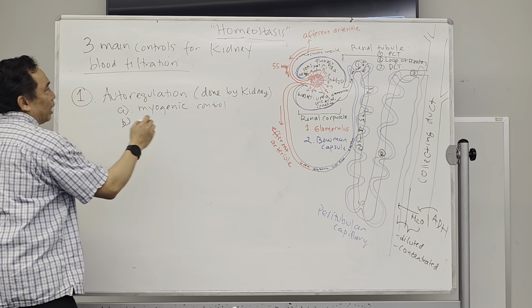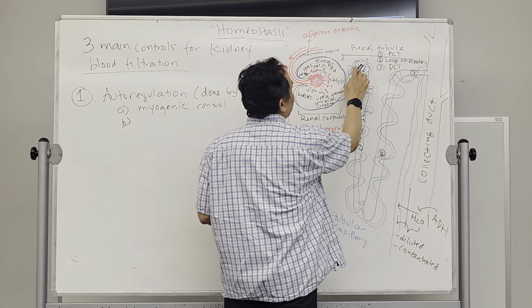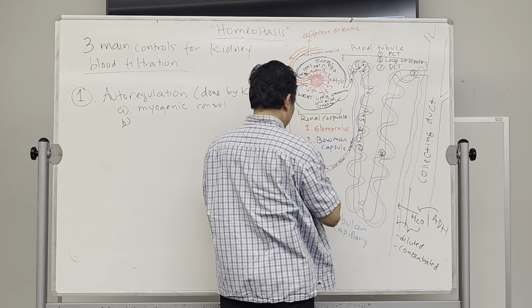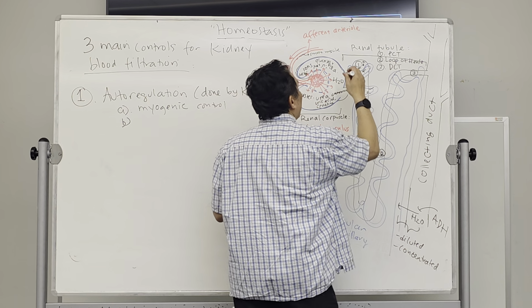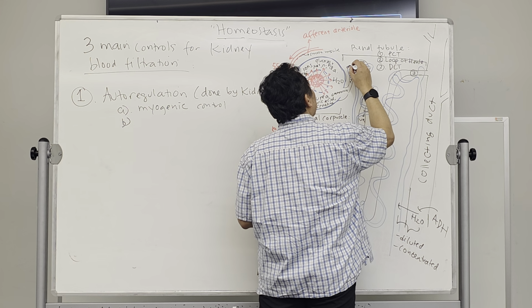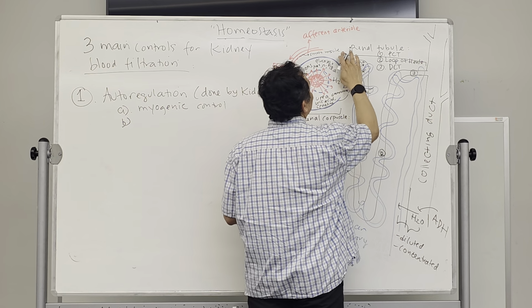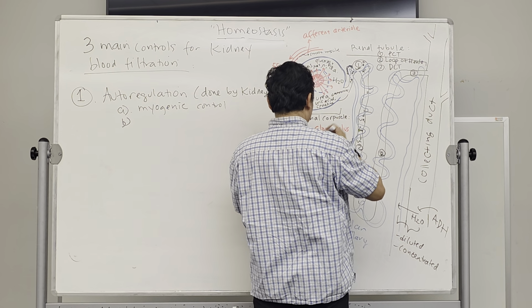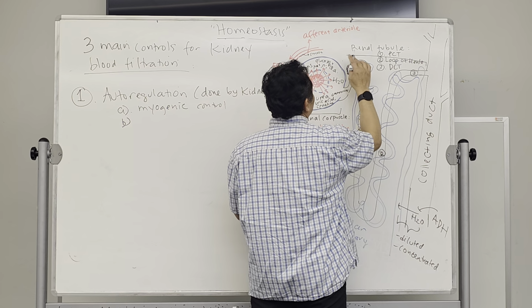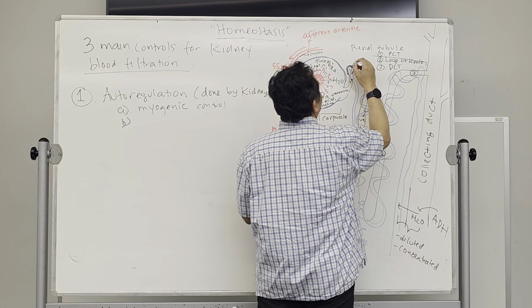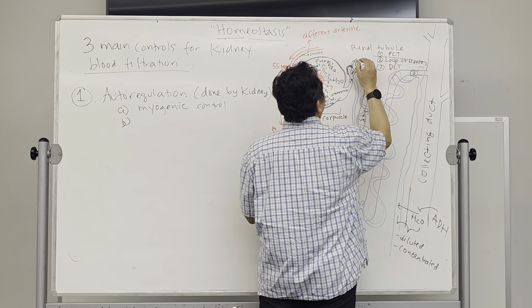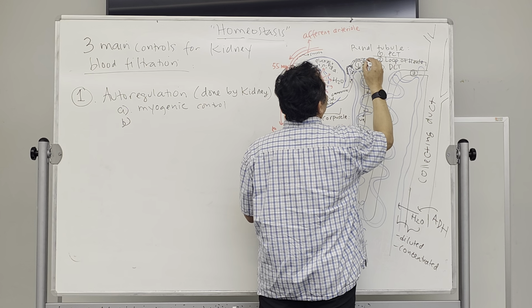Second control, it's actually happening in this DCT. Okay, let's say this is the epithelial cell of the PCT.